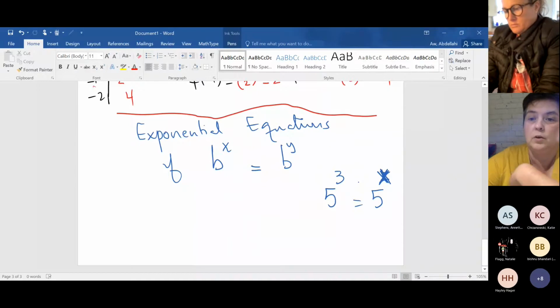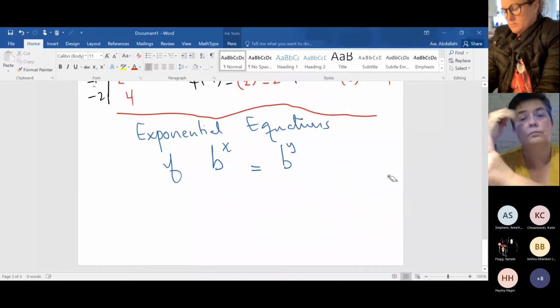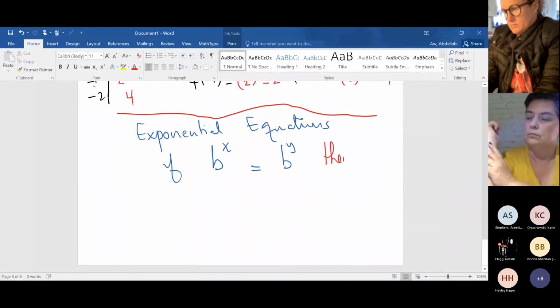The only value x could be is 3. Everybody agree with that? So that is my point: if you raise the same base to exponents and the results are equal, these exponents must be equal. Then x must be equal to y, right?